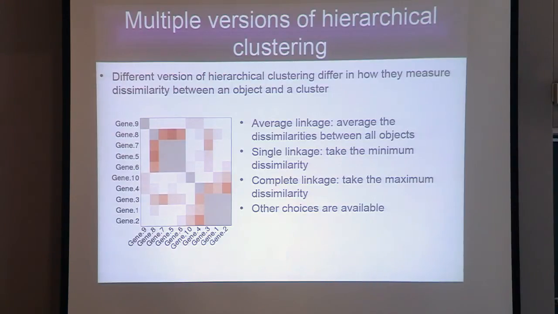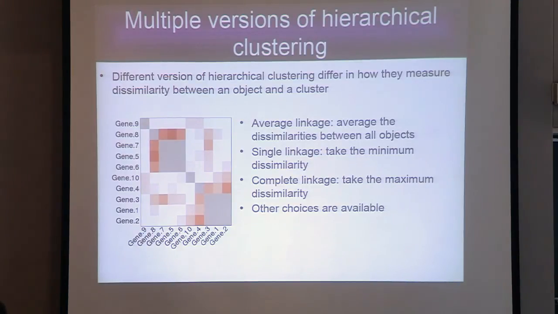But what do you do when you're supposed to measure a distance between, say, this single object and this composite object? There are various ways of measuring the distance, and the various ways give rise to different flavors of hierarchical clustering.